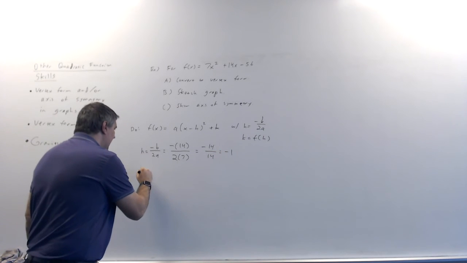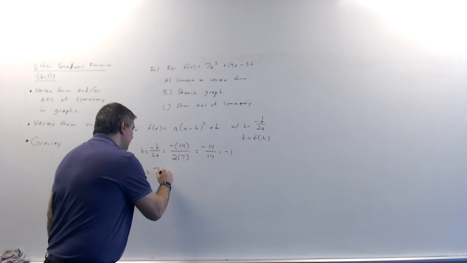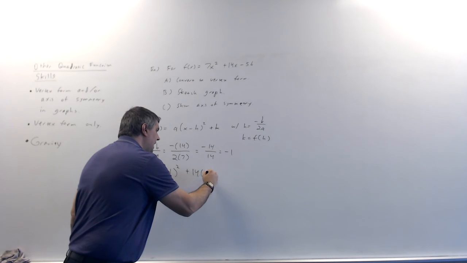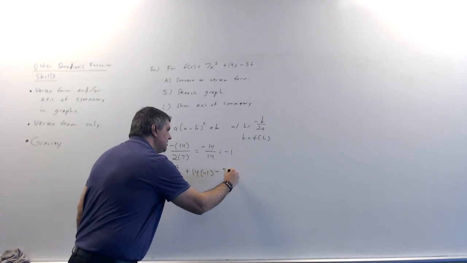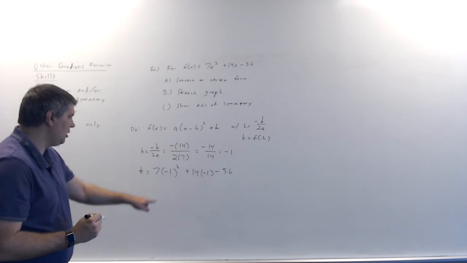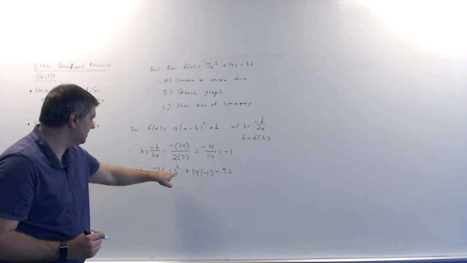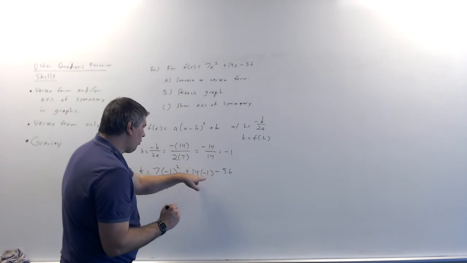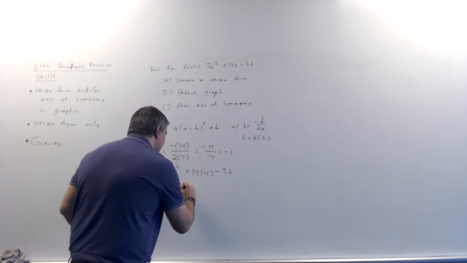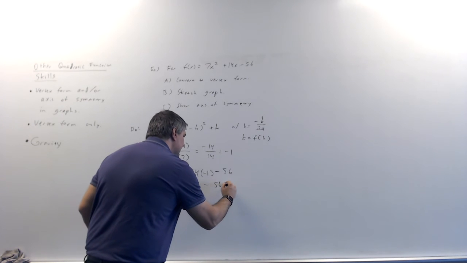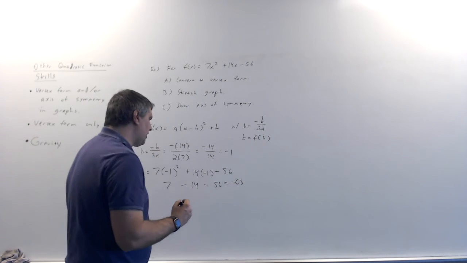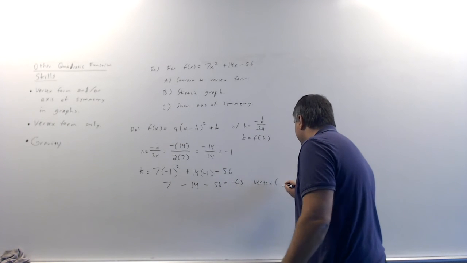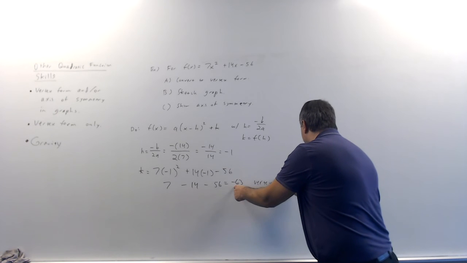Okay, k will equal 7 times negative 1 squared plus 14 times negative 1 minus 56. So, negative 1 squared is 1. 1 times 7 is 7. 14 times negative 1 is negative 14. Minus 56, negative 63. So the vertex is (-1, -63).